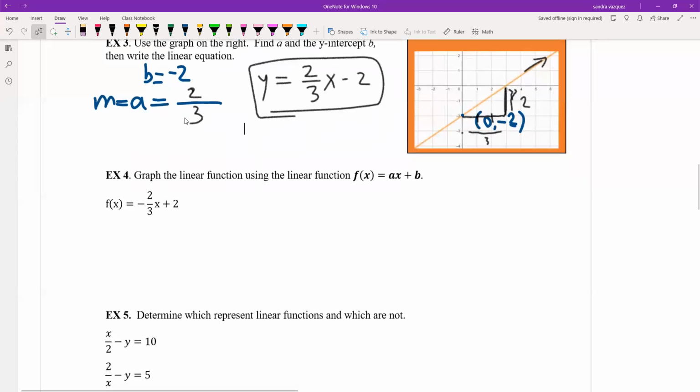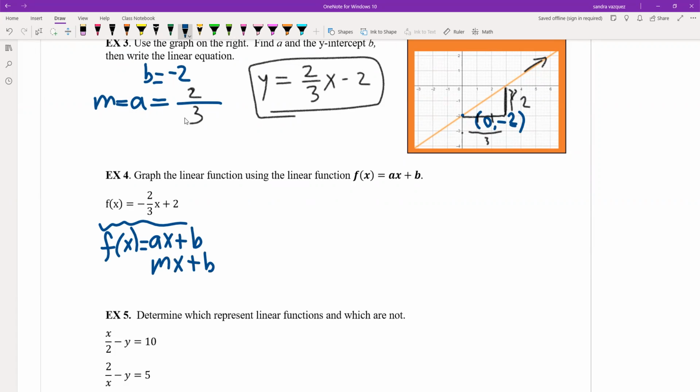Go ahead and graph the linear function f of x is equal to ax plus b. In this particular case, it's already given in that form. f of x is equal to ax plus b, one more time, or mx plus b.